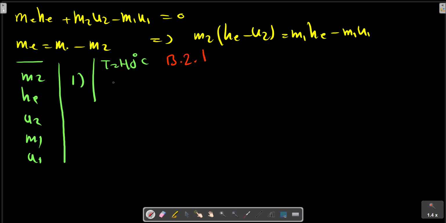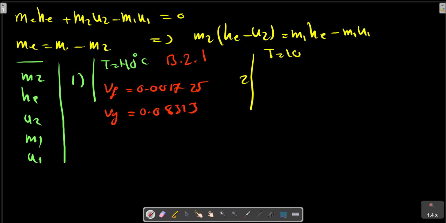For B.2.1, because we have two phases, for state 1 we get vf and vg, and vfg. This is for state 2.